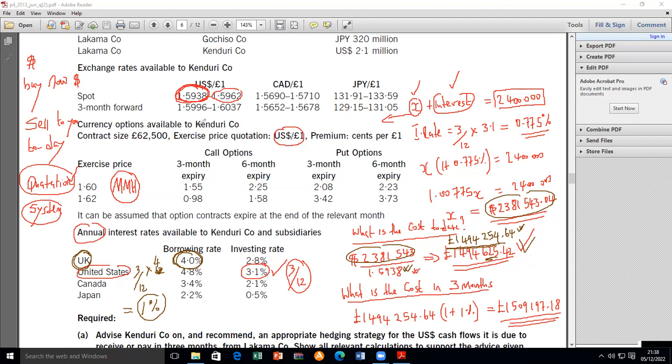No, on the exercise where the price quotation is US dollar and pound, let's say it could have been maybe Zambian kwacha or baht somewhere in Thailand.